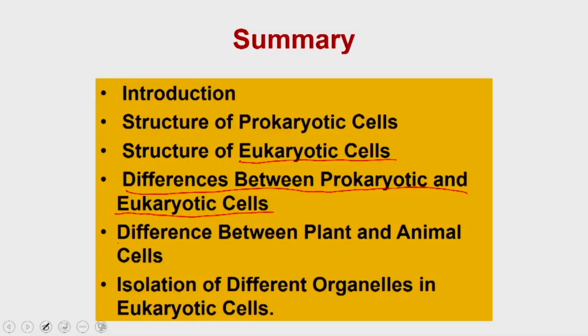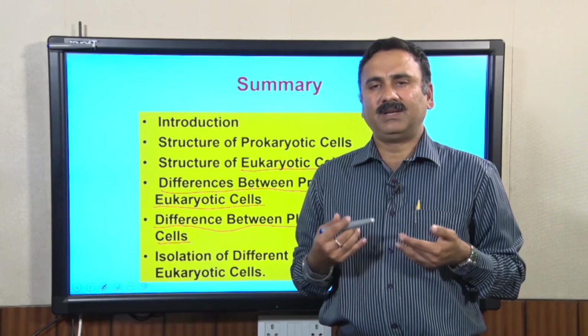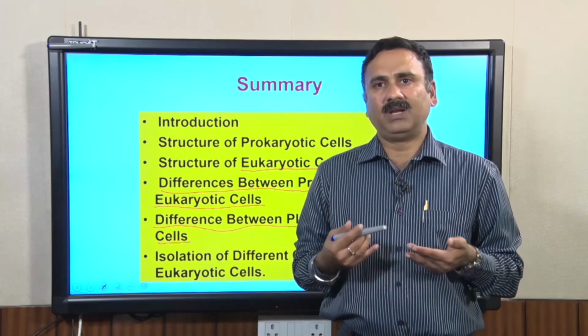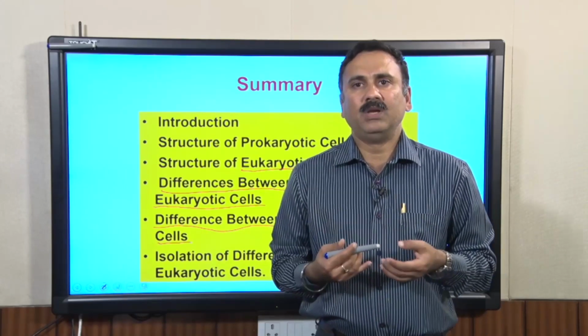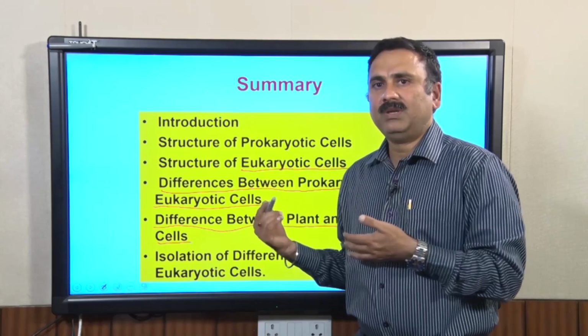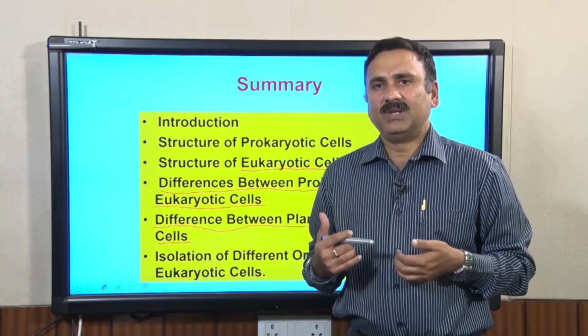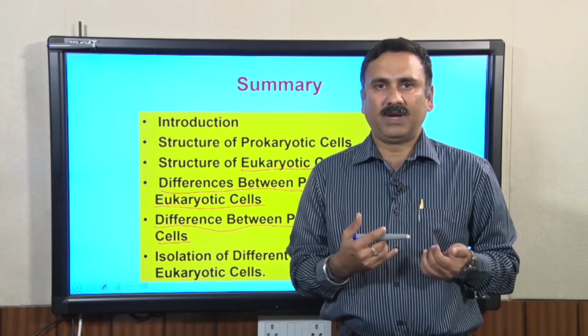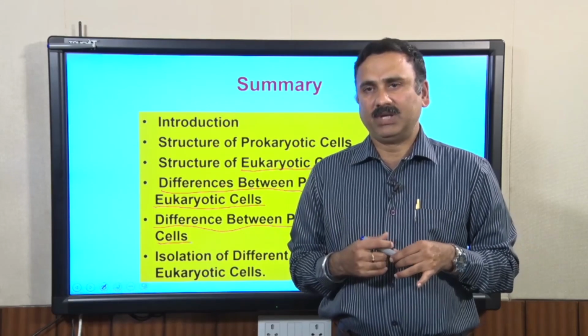Then we also discussed the difference between the plant cell and the animal cell. As we discussed before, these differences are important to know the technological limitations or technical challenges you are going to face when you use the plant cell or the animal cell as a host for any type of biotechnology application.